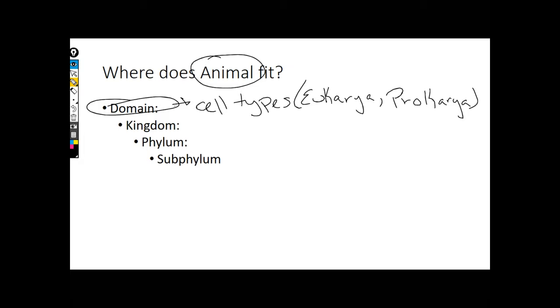All right, so what's the difference between a eukarya and a prokarya? What are we? Eukarya, right? Right. So what's a eukaryote? What kind of cells are those? Membrane bound. Good. Okay. That's one of the big key features, right? We've got membrane bound organelles.